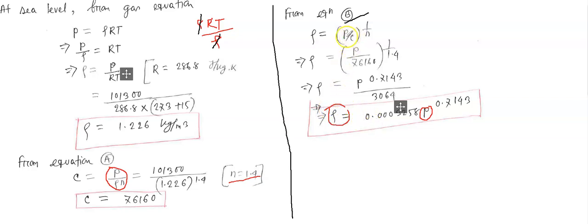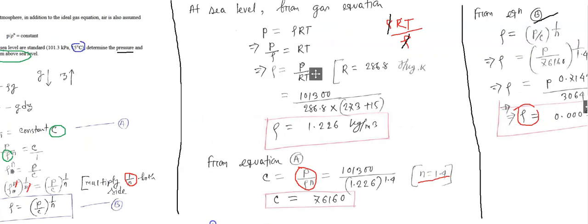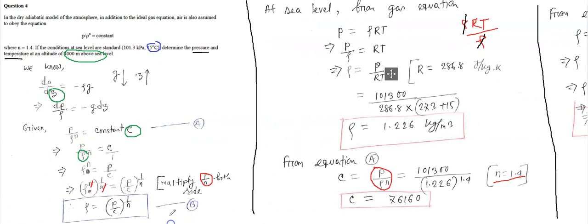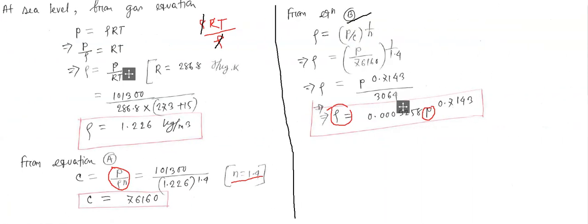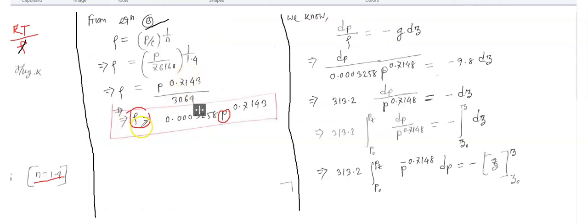So from equation B we just derived these equations. This is a function of pressure and density, and our ultimate target is to calculate the pressure and the temperature. So we know the density function, and this equation is a function of pressure P.